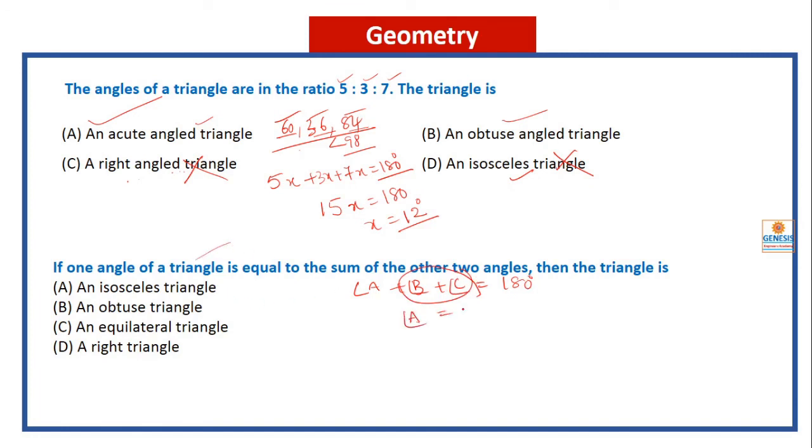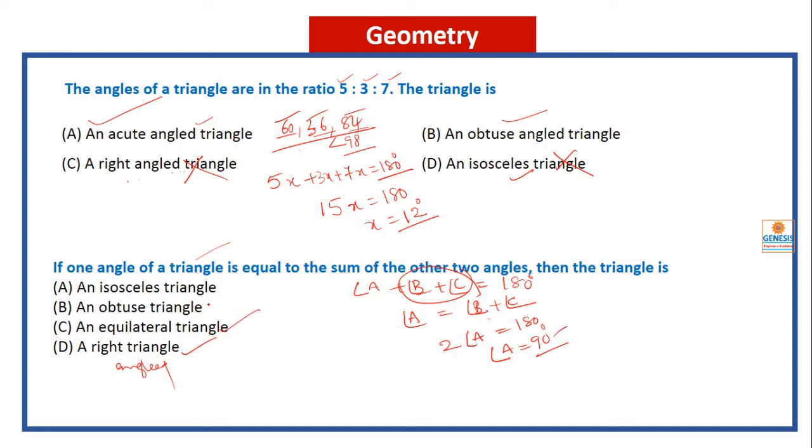That means angle A is equal to angle B plus angle C. I can substitute for that one: 2A is equal to 180, so angle A is equal to 90 degrees. So if one of the angles is 90 degrees, then I can say it is a right angle triangle. It's not an equilateral triangle because one of the angles is 90.